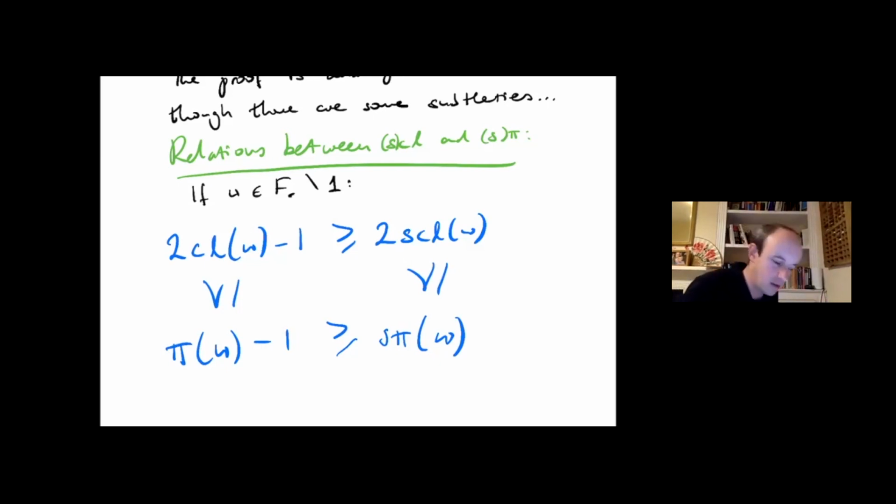Most of these inequalities are sharp in the sense that they're not always equalities. Sometimes these inequalities really are strict. This one's sharp, this one's sharp, this one's sharp. I'm not going to give you the examples now, but they're not difficult to write down. So that leads to the natural question: is this one sharp?